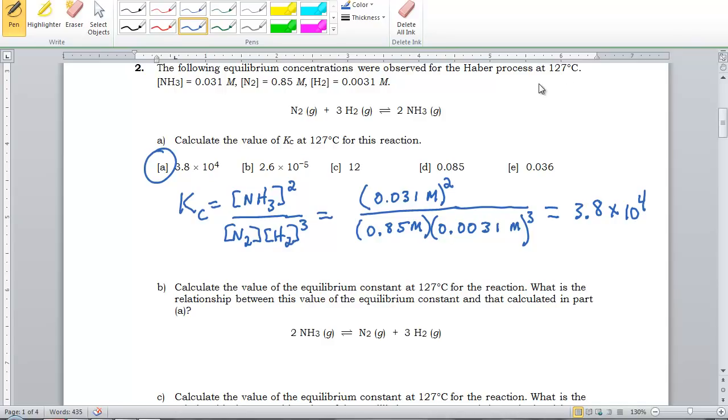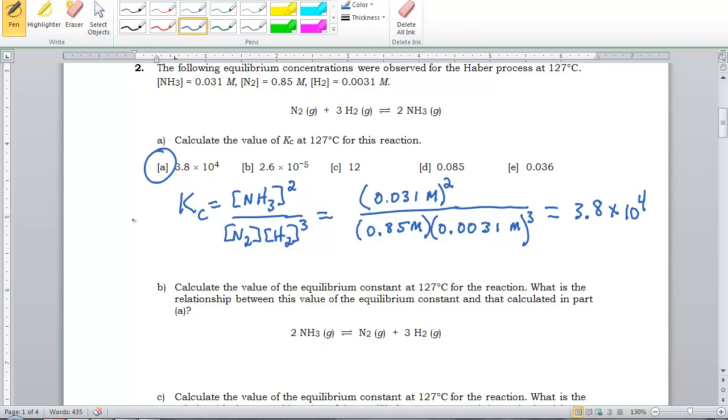Okay? So that's why temperature is there. It's not in the calculation per se, but this is the equilibrium constant at that temperature. If we change the temperature, the position of the equilibrium will shift and we will get a different equilibrium constant. All right, let's keep going with this one.